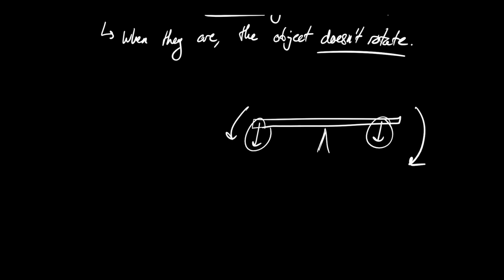If the torques due to this one and this one are the same size, then the total attempts to make the object rotate cancel out, and the object doesn't rotate. So in this case, you would have the counterclockwise torques equal the clockwise torques. Again, this is very similar to saying forces pointing to the right must be equal to forces pointing to the left in size. That way they cancel out.